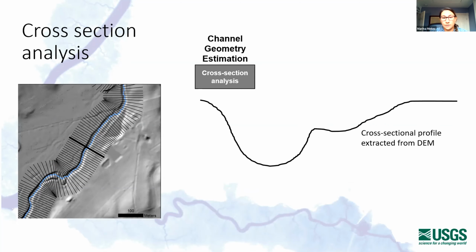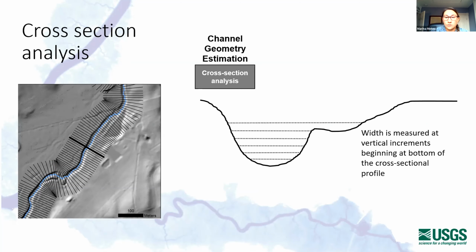To identify the stream banks, we start from the bottom of the profile, which we assume to be the bottom of the channel, and measure the width in vertical increments moving up. A ratio is calculated between each width measurement and the next highest width, until a ratio exceeds a user-defined parameter.